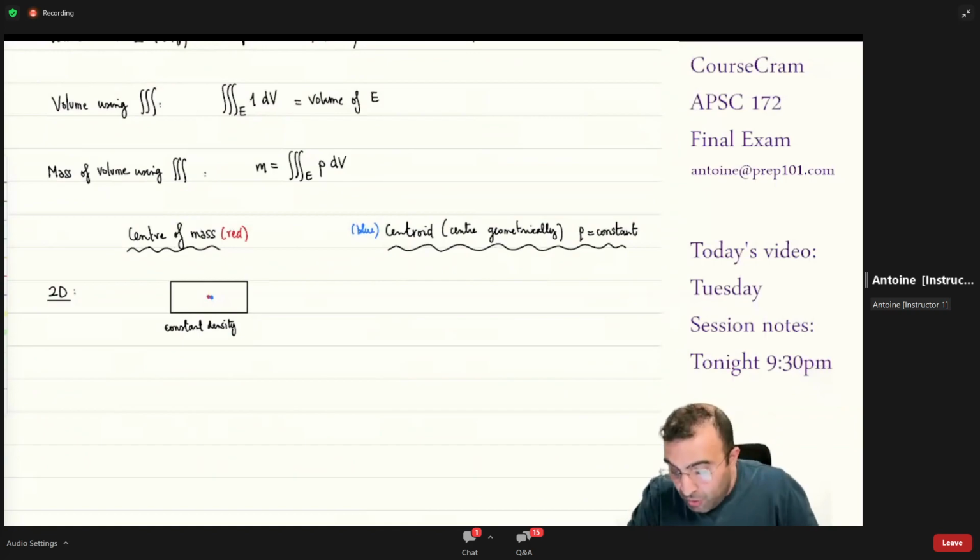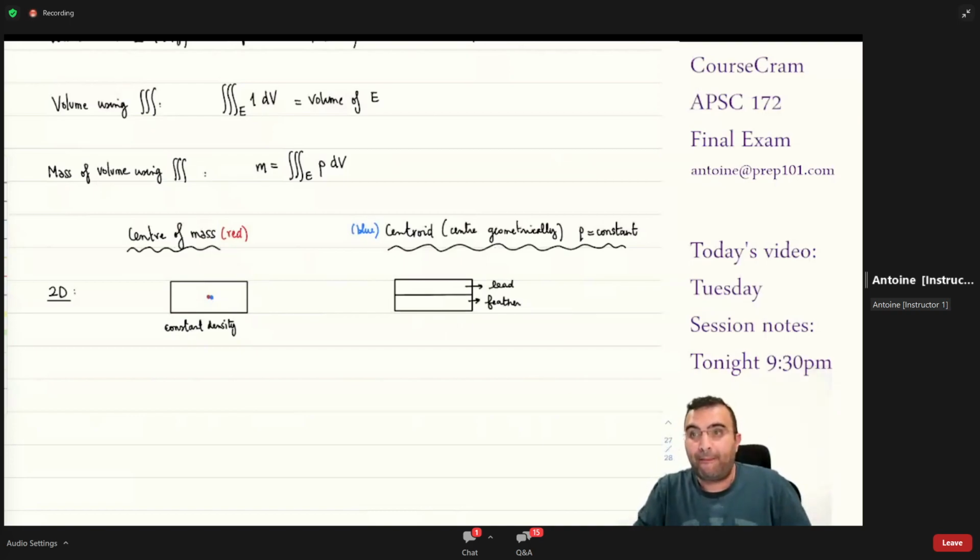Now, let me show you a different example. Let's say you have the same rectangle, but now this half is made of feather, and this half is made of lead. Where would the centroid be? The centroid wouldn't change. The centroid would still be here, because the centroid doesn't care about mass.